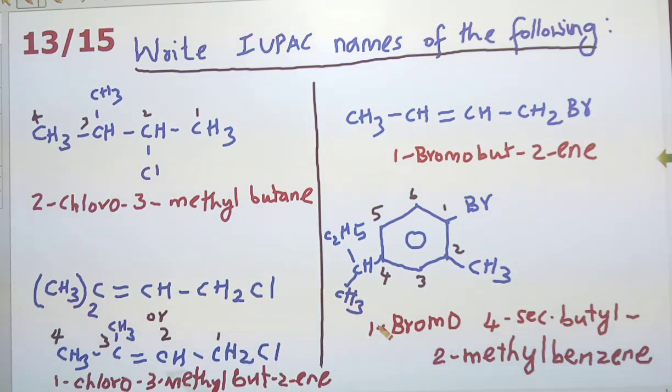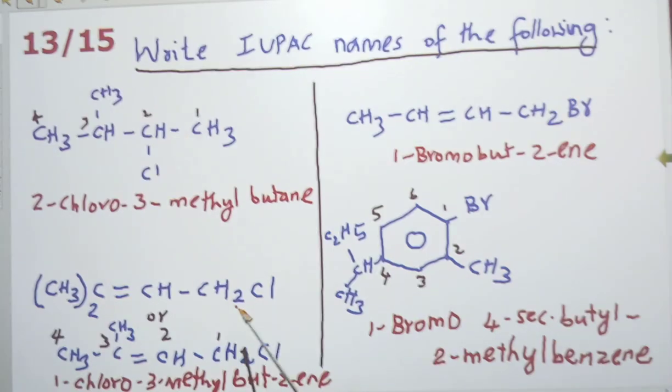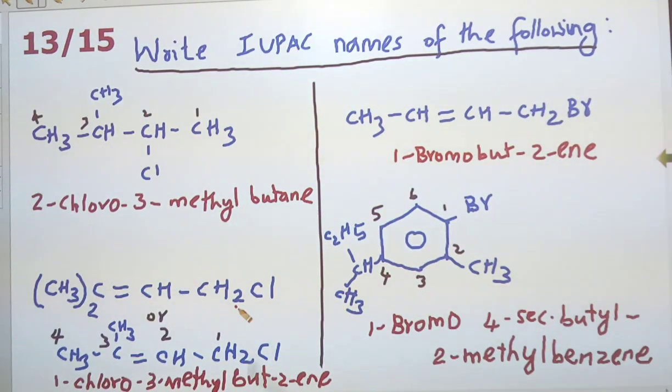When we go for this structure, you can find we have chlorine on the first carbon, whereas we have the double bond on the second carbon. So we have to give preference to the first carbon for the halogen atom. So this IUPAC name will be 1-chloro-3-methylbutene.